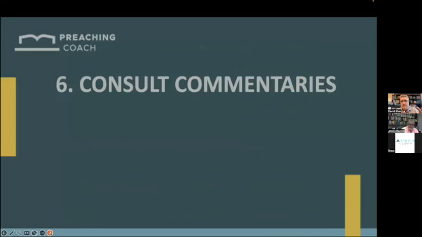Now, what we just did, step number 5, is the longest step of my 12-step process. Because basically that step is where you're doing all of your exegesis. You're doing all of your text analysis. You're doing everything you need to do in order to write a good sermon on this text that's accurate to its structure and to its meaning.